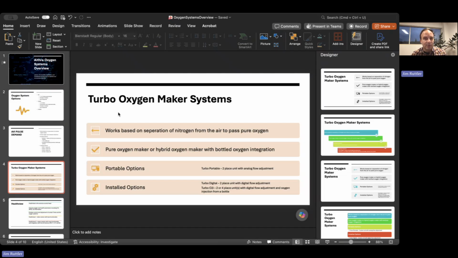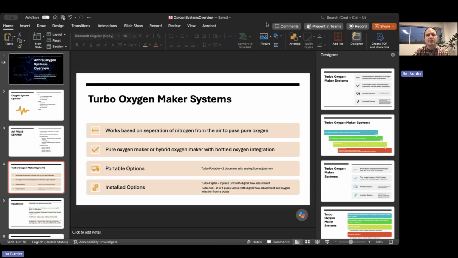They work together to provide oxygen for either the left of the aircraft or the front of the aircraft, however you want to arrange it, in the back or the right of the aircraft. In both the turbo digital and the turbo O2i, the flow adjustment is automatic and digitally controlled. And with the O2i, the difference between the O2i and the digital is only that the O2i includes the integrated oxygen integration, or injection rather.